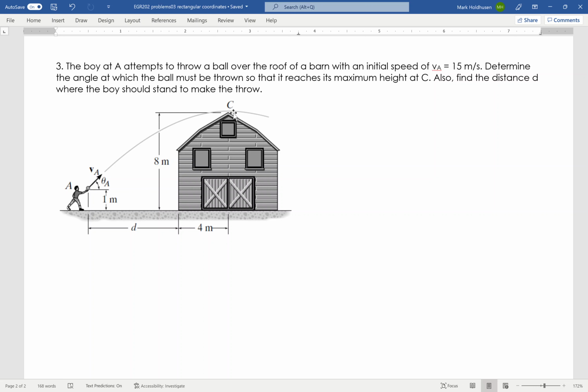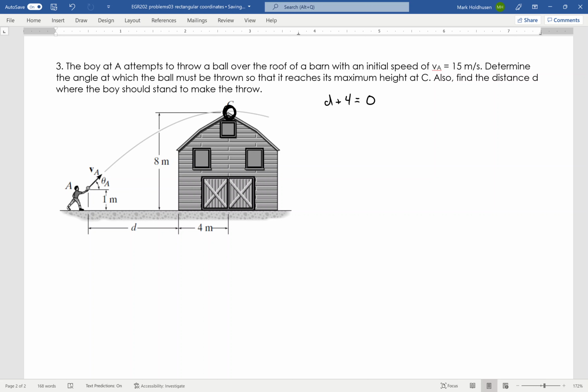So basically, what I'm interested in is this point right here. Again, I usually start with my horizontal equation, because that's what makes it a projectile here. This ball travels from A to C. It travels d plus 4, after starting at a position of 0, my initial position.